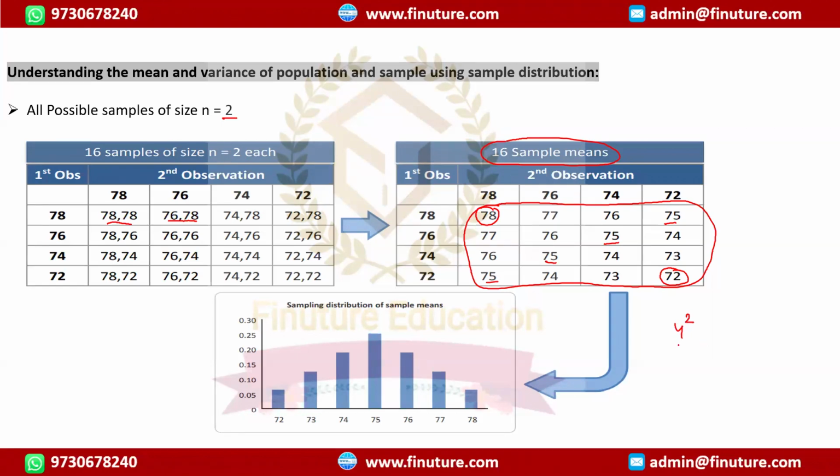When you had 4 elements and you increase the size to 2, you had 4 to the power 2. But when you have 3, perhaps it would be a bigger one, the matrix would be slightly bigger, perhaps 64.